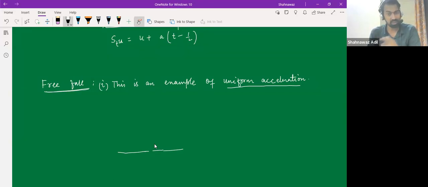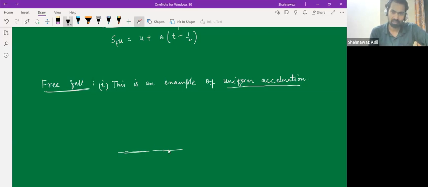Whenever it is free falling, without any external agent, that kind of motion would be called uniform acceleration, and the acceleration acting on that object is the acceleration due to gravity.